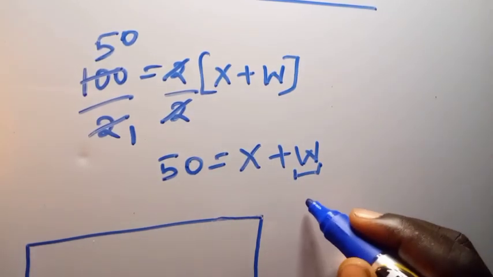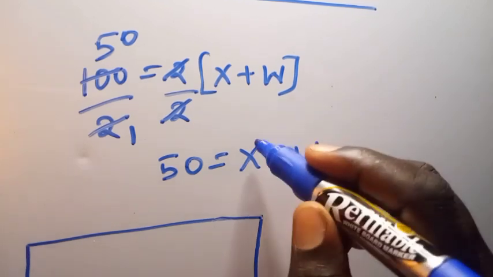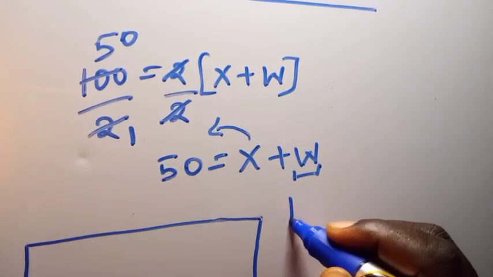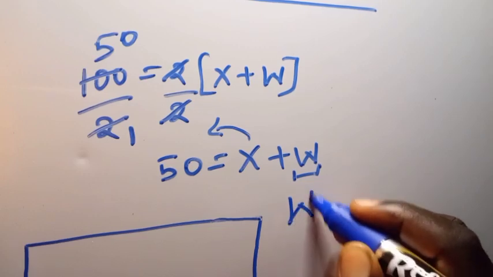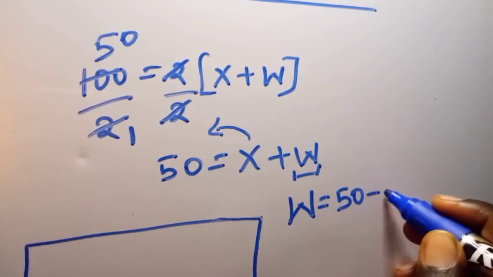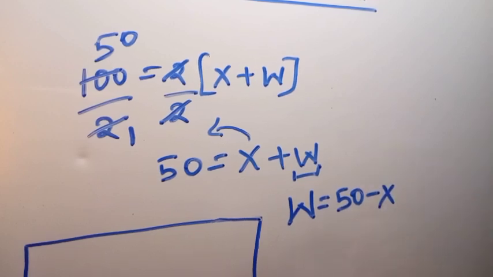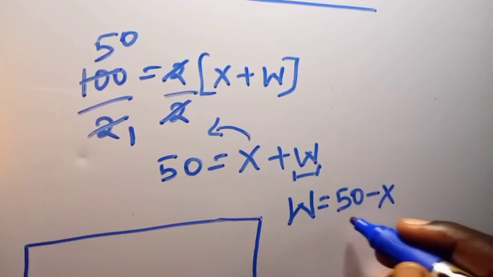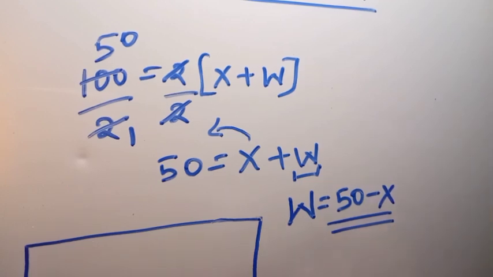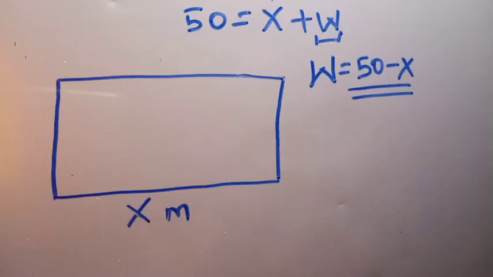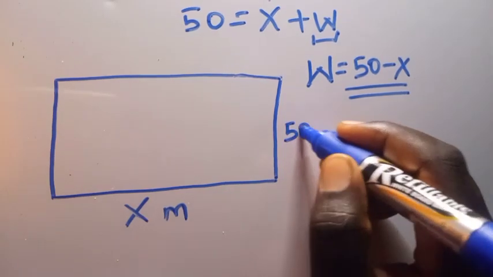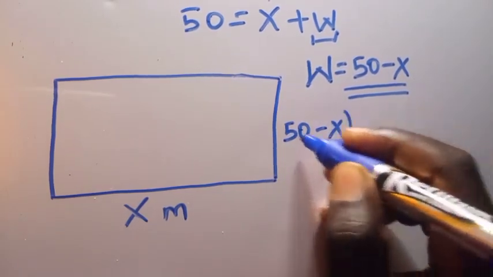In this case, we shall take x to the other side, and therefore, to make w the subject, we shall have w as 50 minus x. This is the width that we have, that is 50 minus x meters. And therefore, on our diagram, we shall have our width as 50 minus x meters.